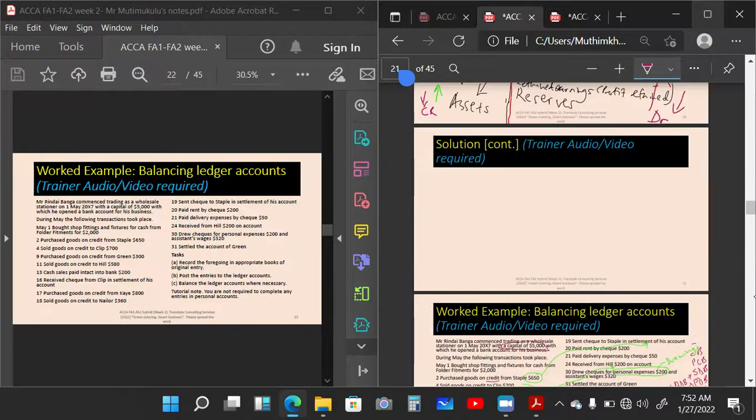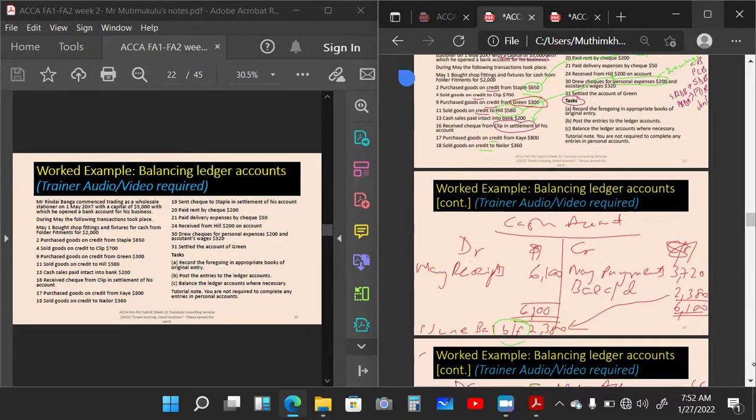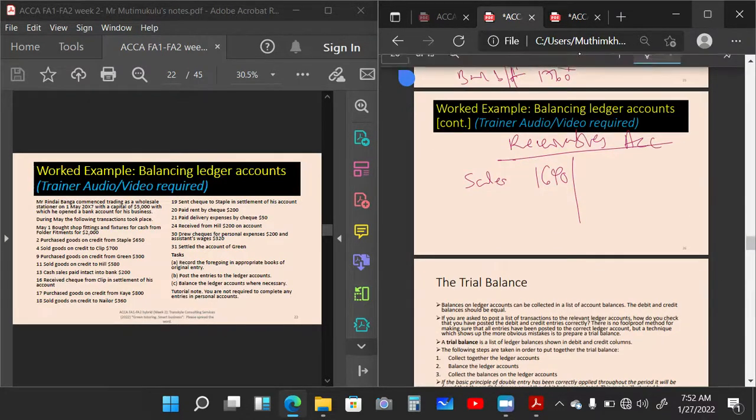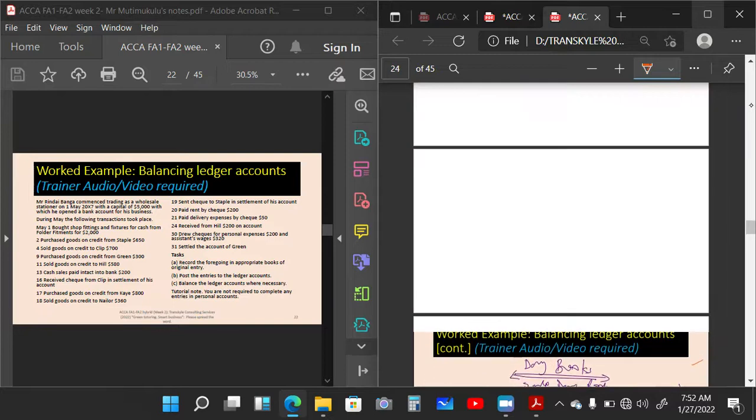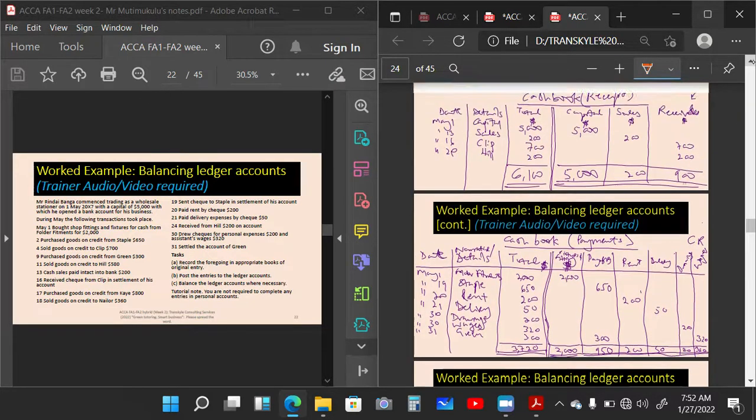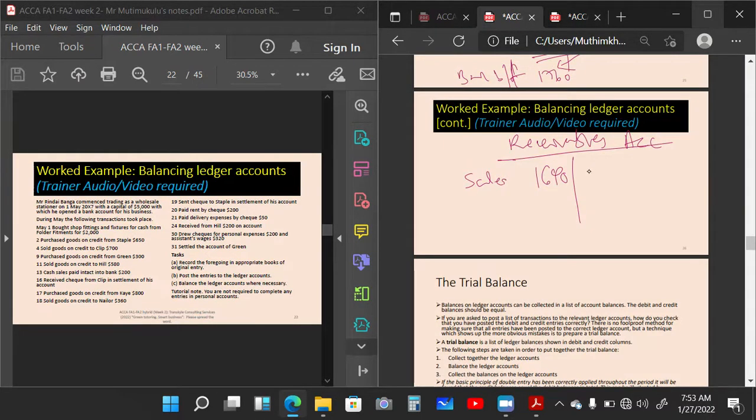If you go to the cash book receipt side, it tells us something about receivables. About 900 of them have paid up. We received cash here, about 900 bucks.